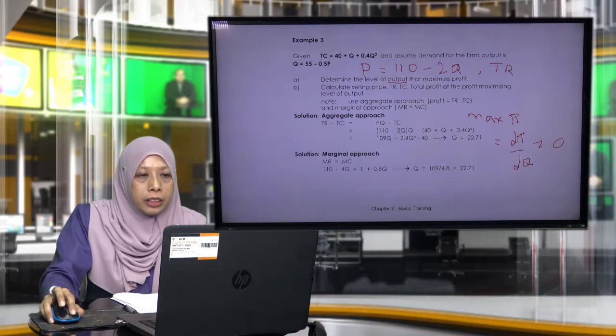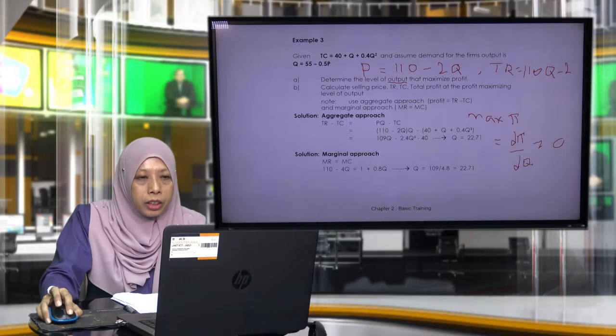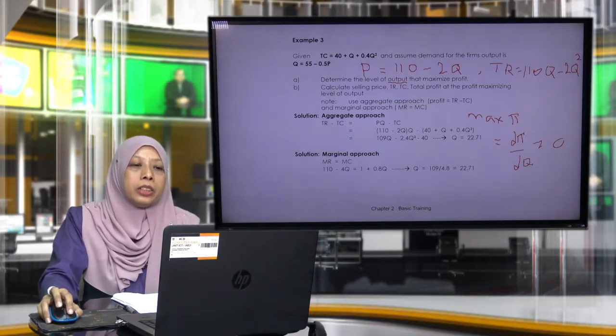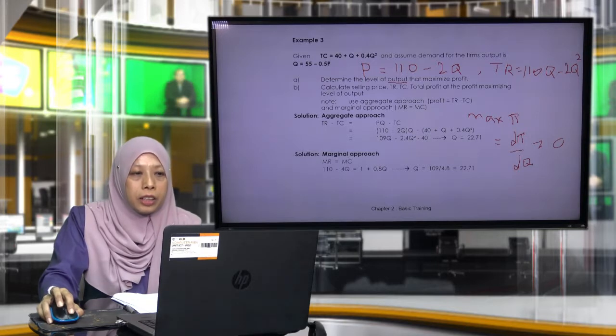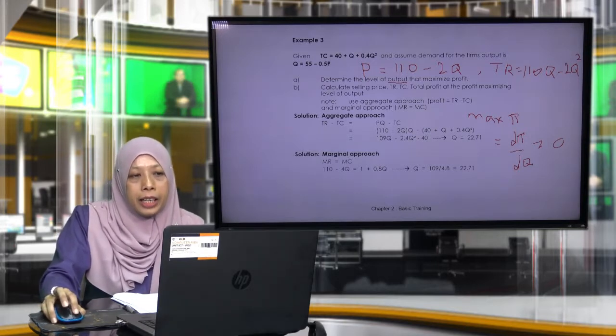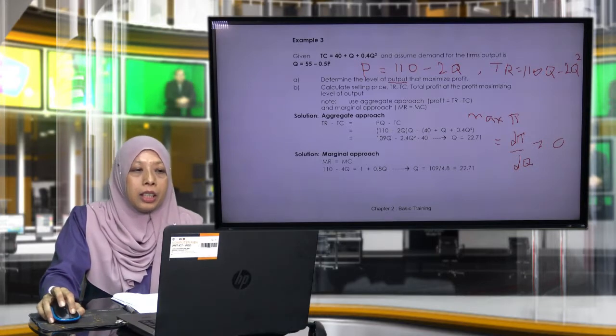Your total revenue function is therefore P times Q, so you're going to end up getting 110Q minus 2Q to the power of 2. That's your total revenue function. Once you have your total revenue function and total cost function, you can come out with your profit function.